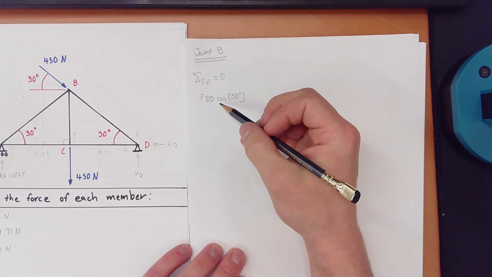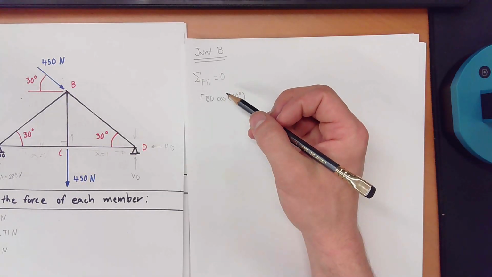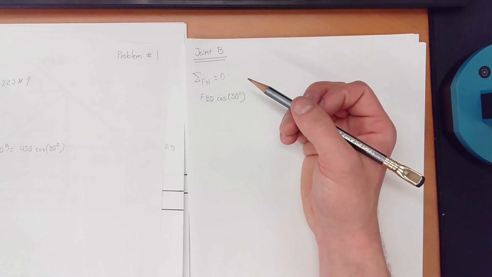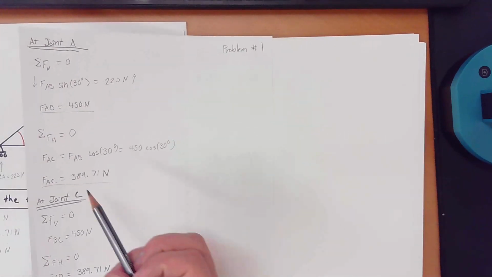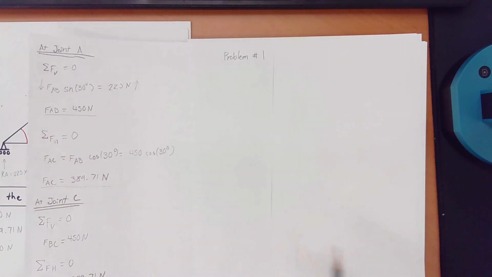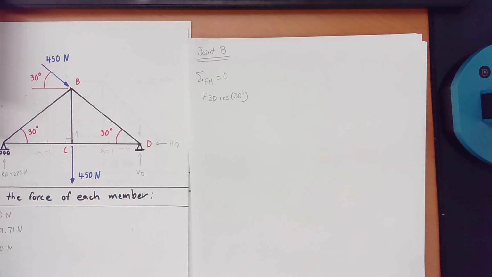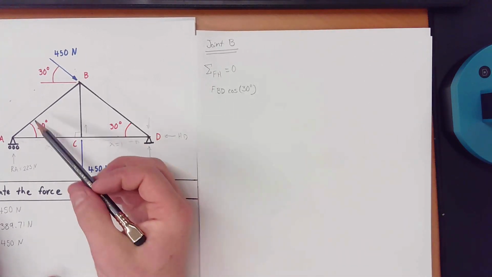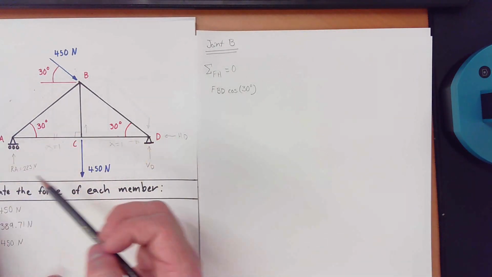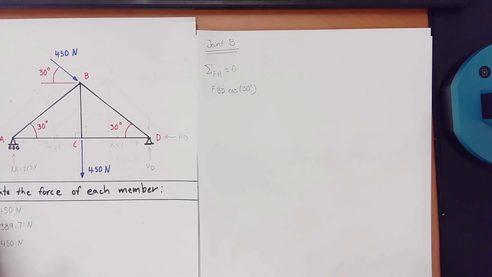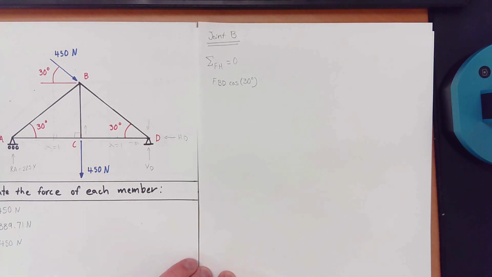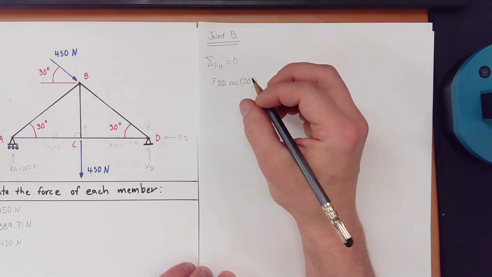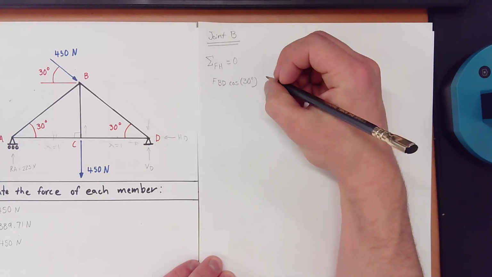Is this looking familiar? We might find something very similar in a truss where all of the sides and angles are the same and everything is mirrored side to side. You're going to start to see the similarities start to pop up as you do your equations, but it's important to check. So we know that FBD needs to be multiplied by the cosine of 30 degrees.